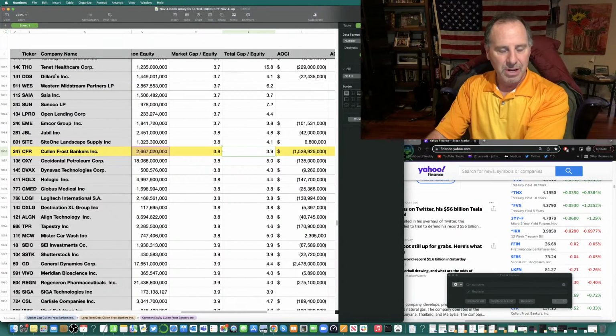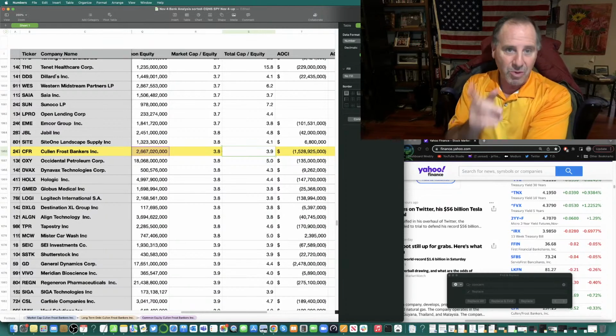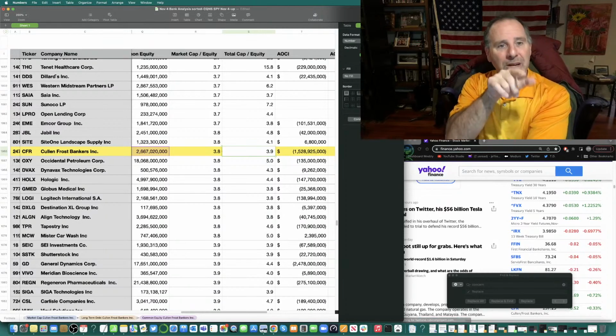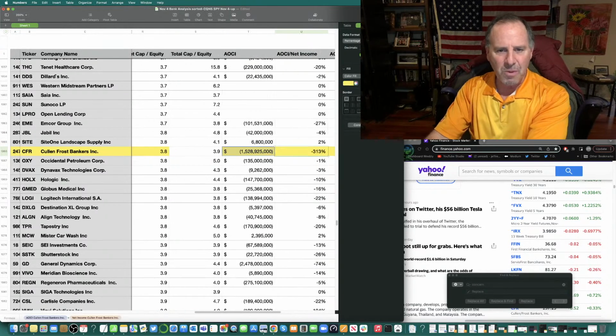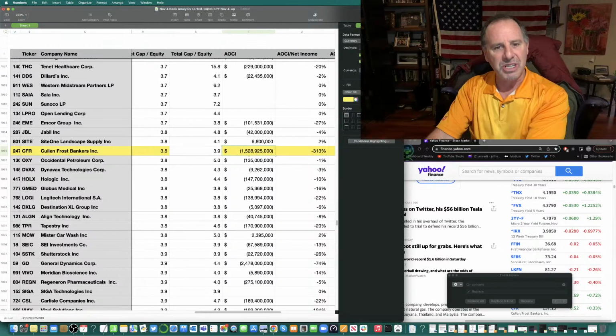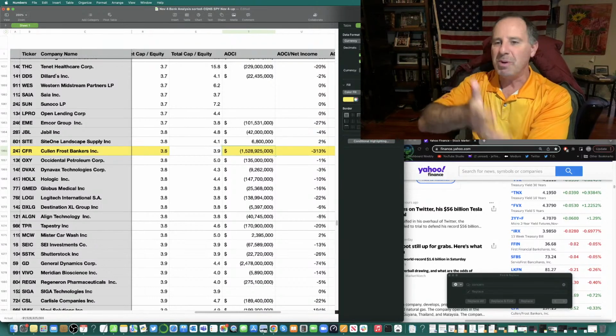common equity. Now, to be honest, there's some goodwill from some purchases they made of other banks, so actually the tangible equity is smaller. The other thing I want to point out is that AOCI is down $1.5 billion. That's after tax. They get a tax benefit, so it's like $2 billion.